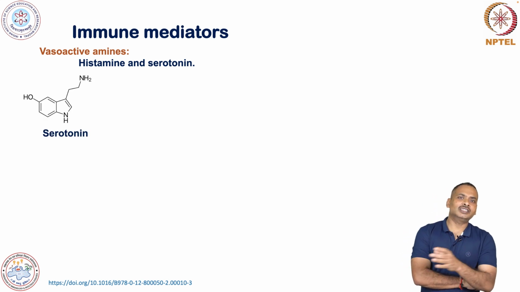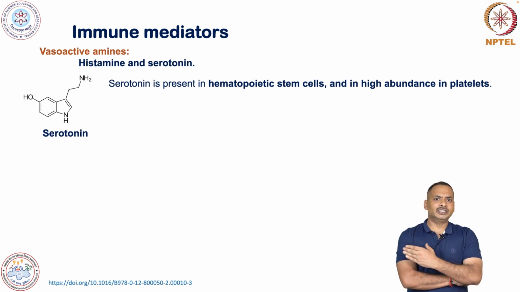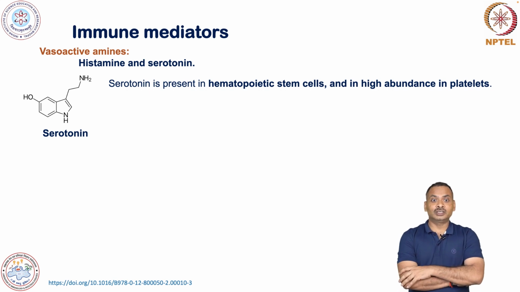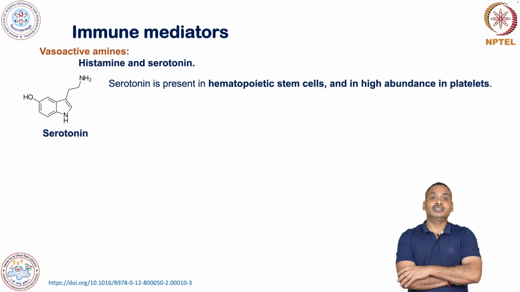So, serotonin, as you can see, is a vasoactive amine, and it has a variety of functions. Interestingly, serotonin is present in hematopoietic stem cells and in very high amounts in platelets.